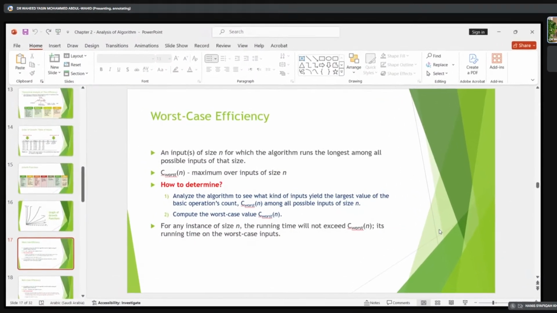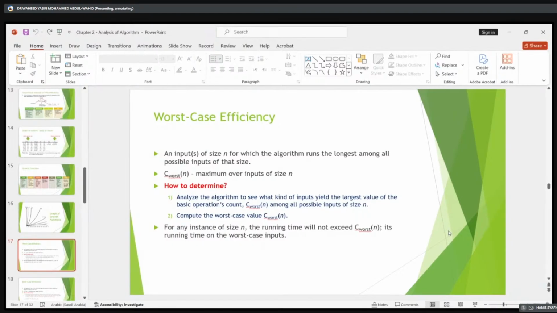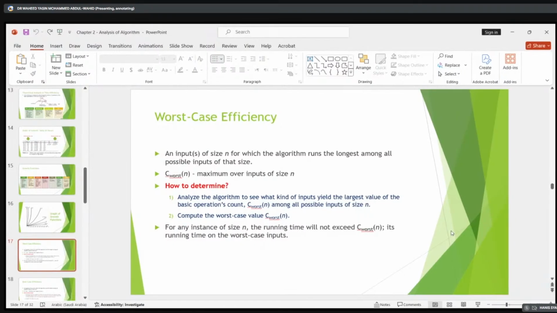For any instance of size n, the running time will not exceed C worst. So here we find the worst case. If I compare and find a value less than the worst case, then it is better than this algorithm.